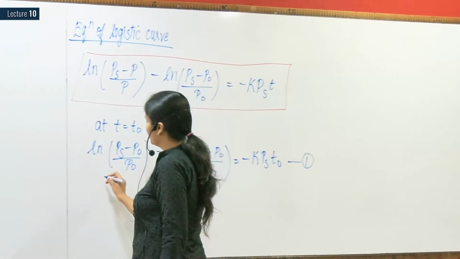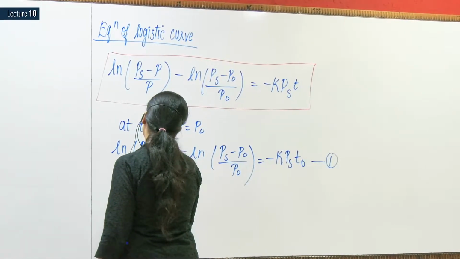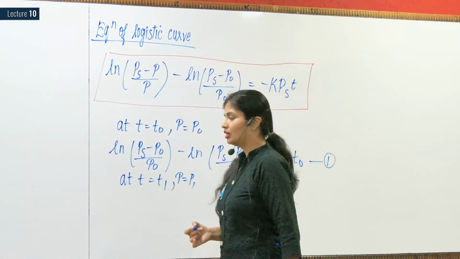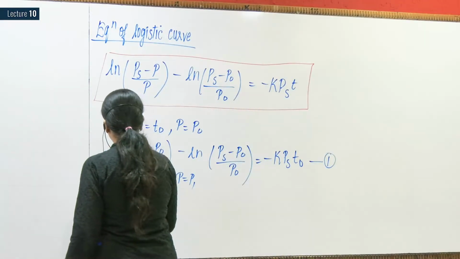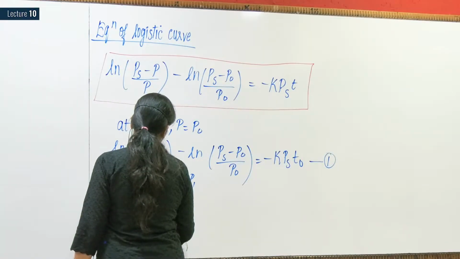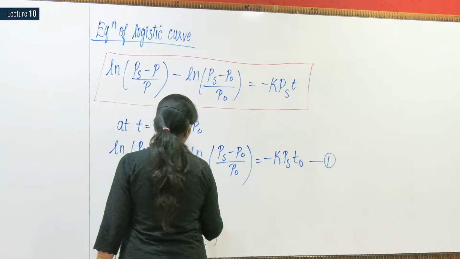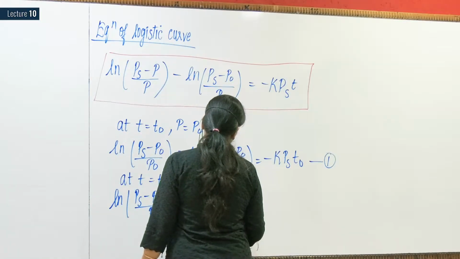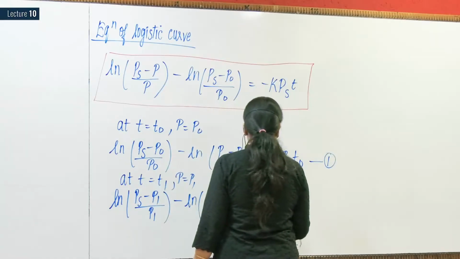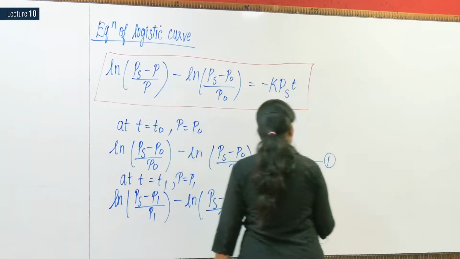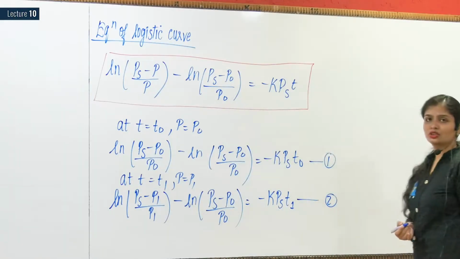Second equation is what? We have already developed the boundary conditions. At T is T1, P is P1. So what you will do is log (PS minus P1) upon P1 minus log (PS minus P0) upon P0 is equal to minus K PS T1. This is equation 2.